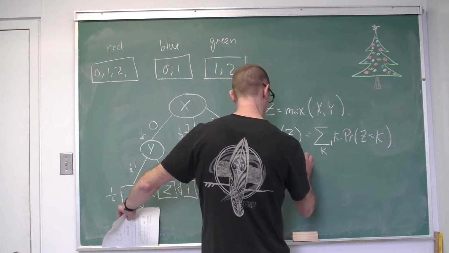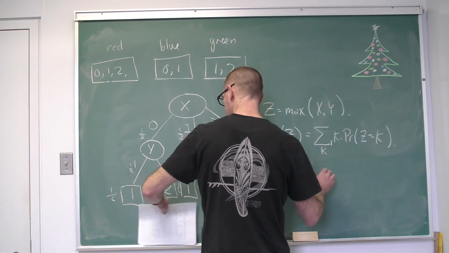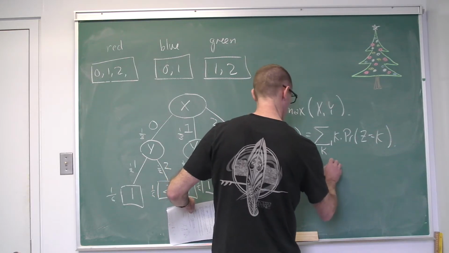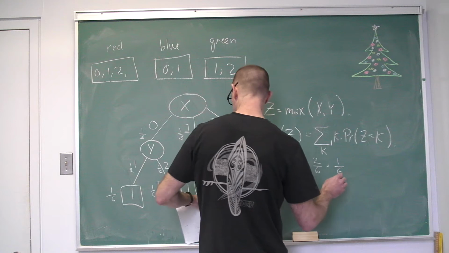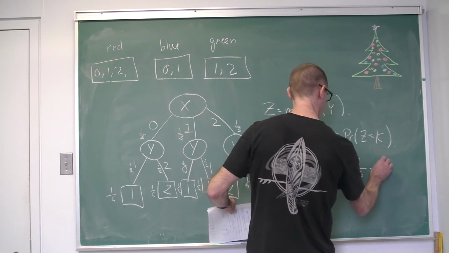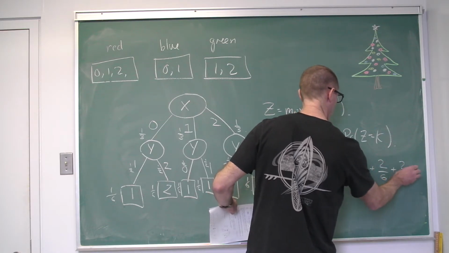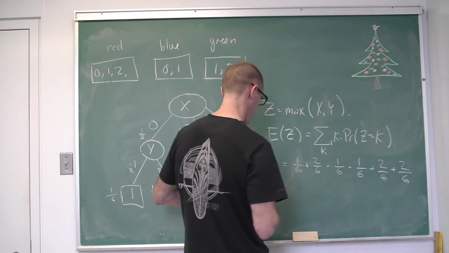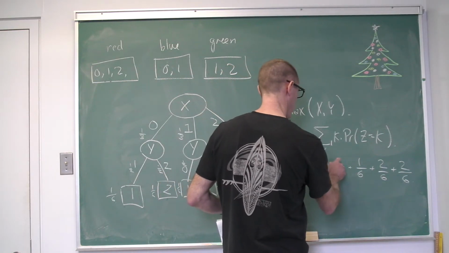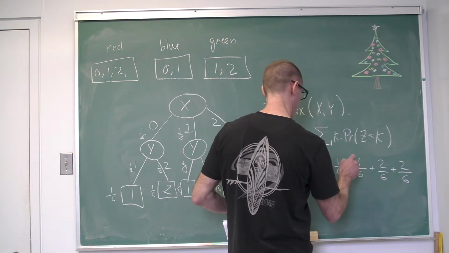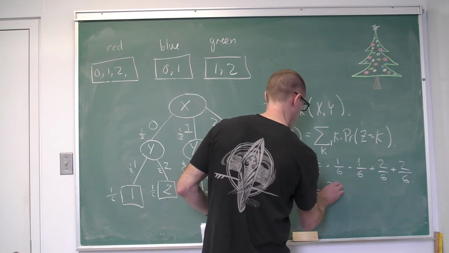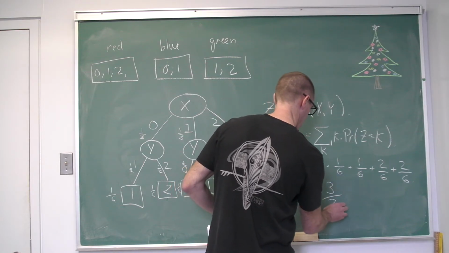So this is 1/6 plus 2/6 plus 1/6 plus 1/6 plus 2/6 plus 2/6, which is, let's see, 1, 2, 3, and plus 6 is 9/6, which is 3/2.